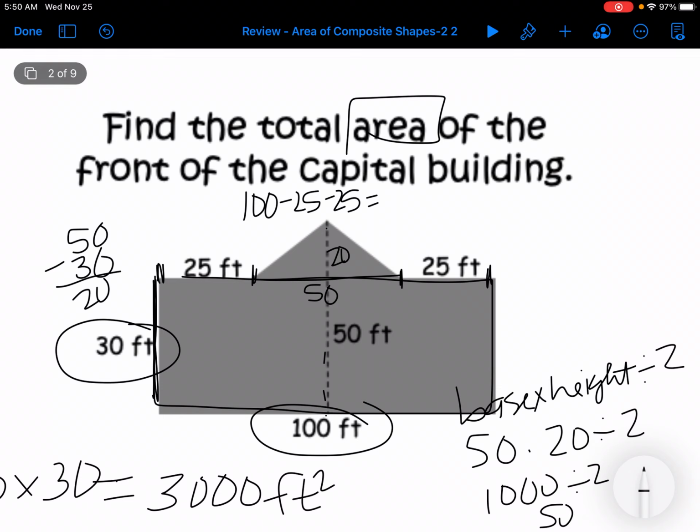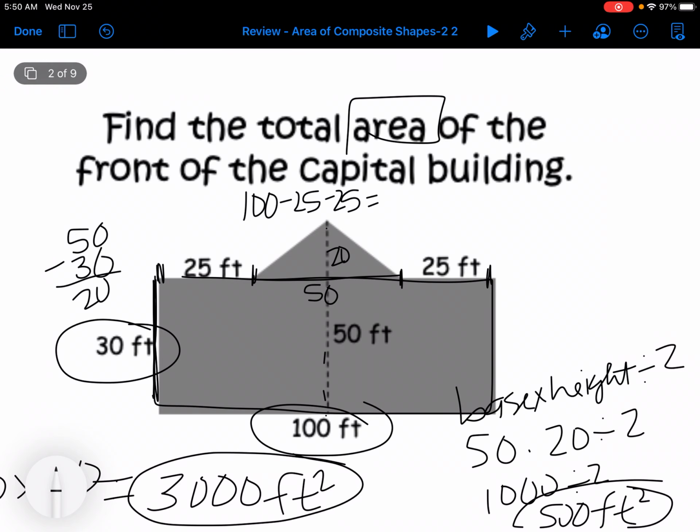I get 500 feet squared. Now it's a composite shape, so I'm going to add these two together. So I have 3,000 plus 500. So my total is 3,500 feet squared.